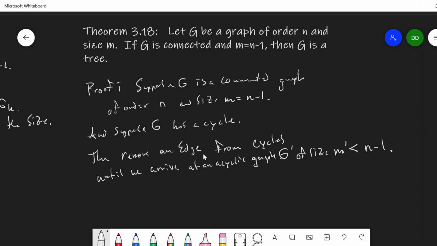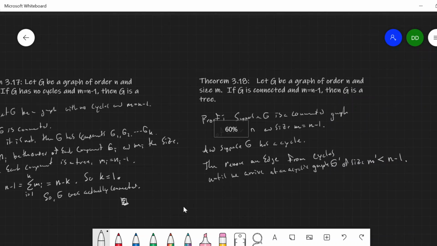And so this would contradict one of the previous theorems.